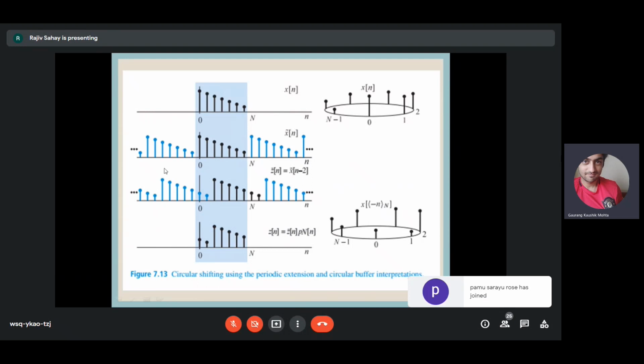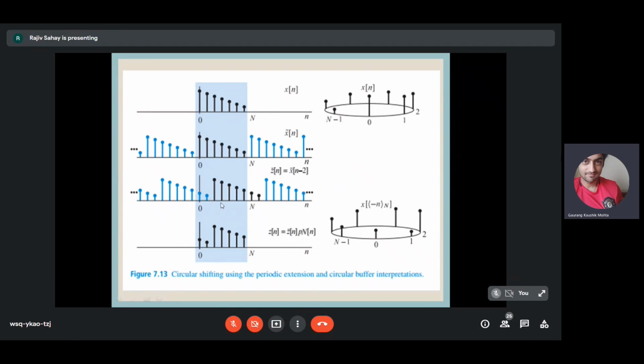inside this region shown by shaded blue. The shaded blue region contains samples from 0 to N minus 1. So we see that because of the shift of 2 points in x tilde of (n minus 2) towards the right, you get some part of the left sequence coming in.